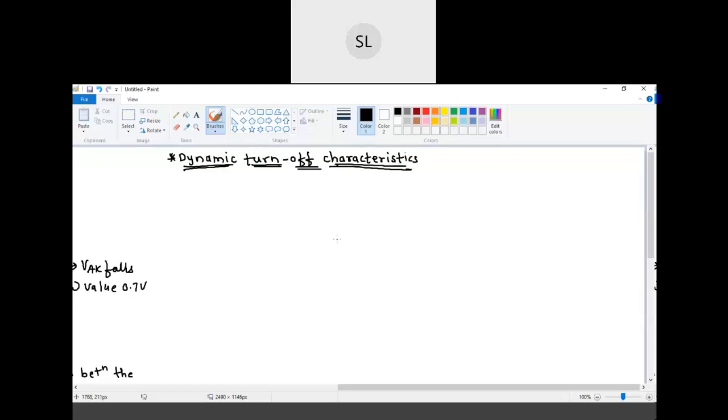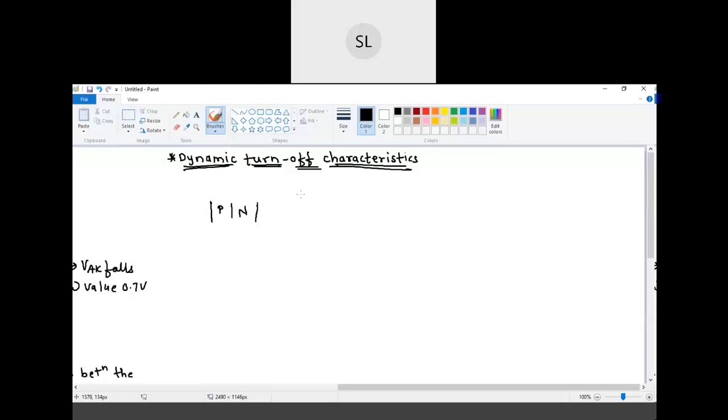Okay, now that we have already studied how to turn on the SCR. Okay, so we have studied about the two currents, holding current and latching current. Now, can anyone tell me what should be the value of this anode current so that the device will be turned off? If you have understood the concept of holding current and latching current, please answer my question.